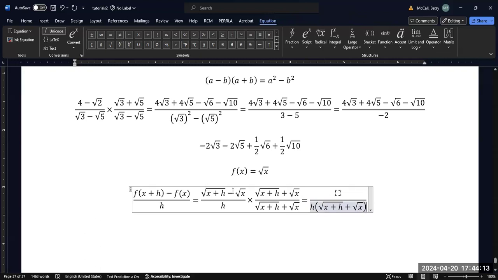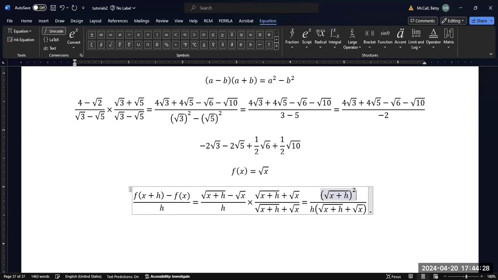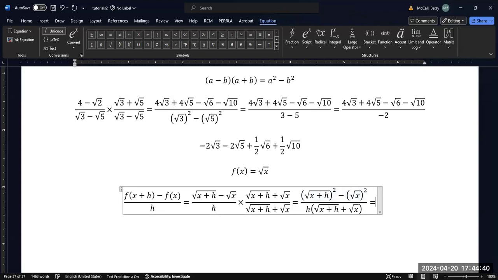Now here, again, we're going to employ essentially our difference of squares formula. This times this is going to be the square root of x plus h quantity squared minus the square root of x quantity squared, and in our denominator, for now, nothing is going to change.